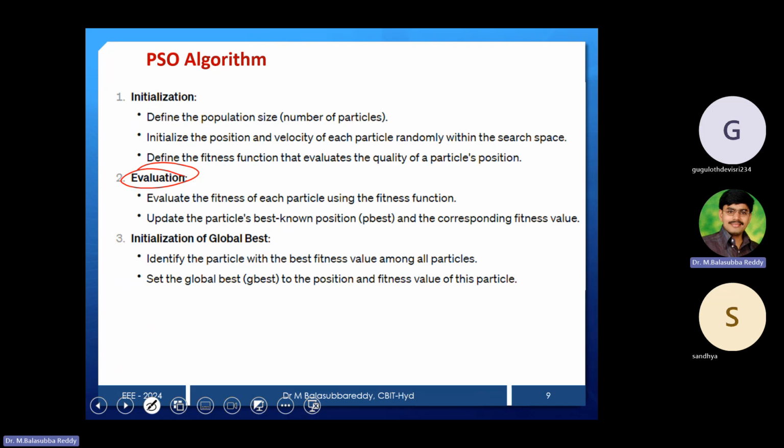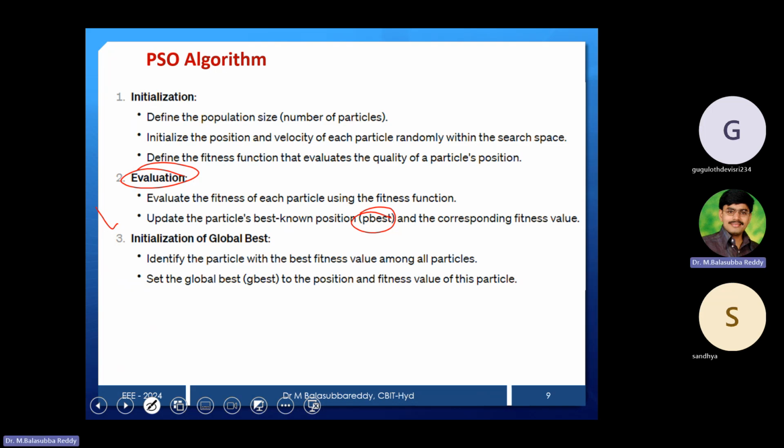Evaluate the fitness of each particle using the fitness function. And the third one, update the particle's best known position, that is the P best, and the corresponding fitness value also you are going to update. And then initialize the global best. What is the global best?